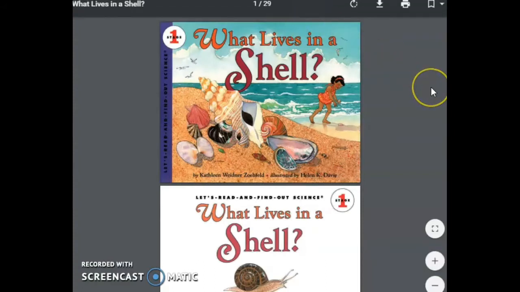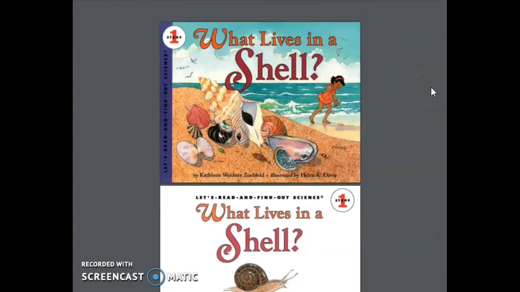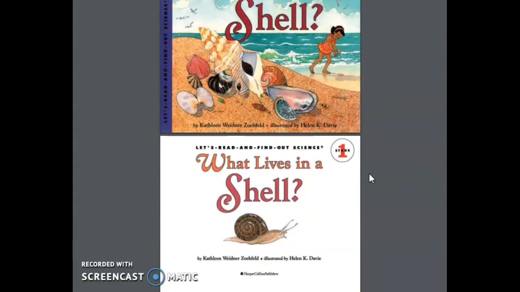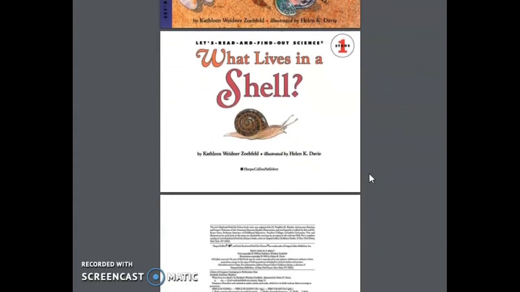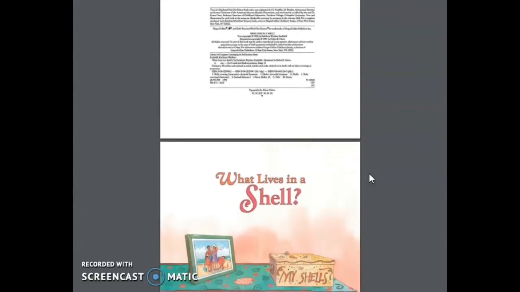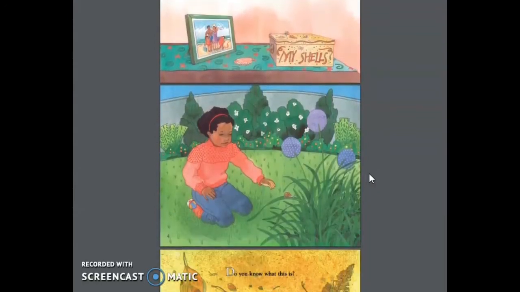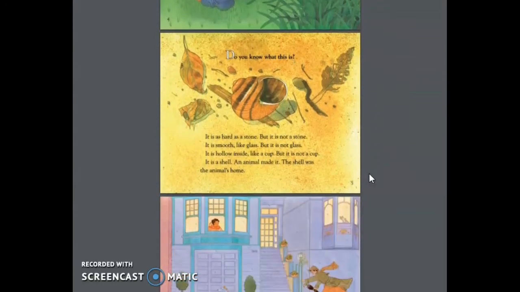We are going to be using the book What Lives in a Shell. This book is by Kathleen Widener-Zofeld and illustrated by Helen K. Davey. Remember, this informational text we previously read, and it is talking about all of the different types of animals that live in a shell, and it was teaching us what shells do.